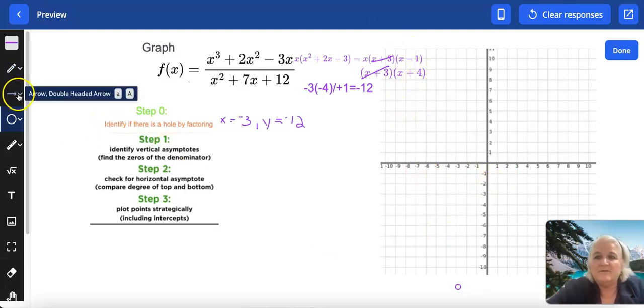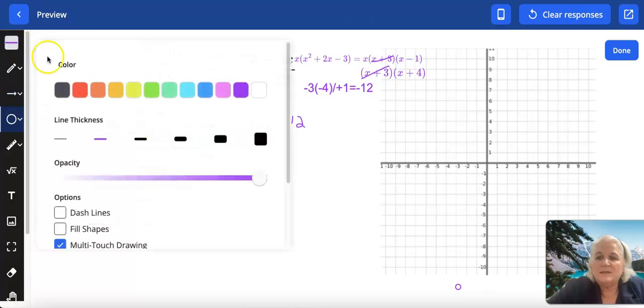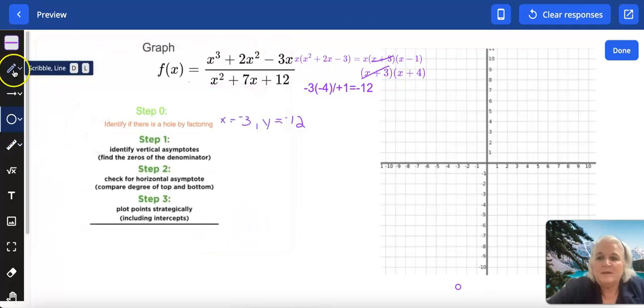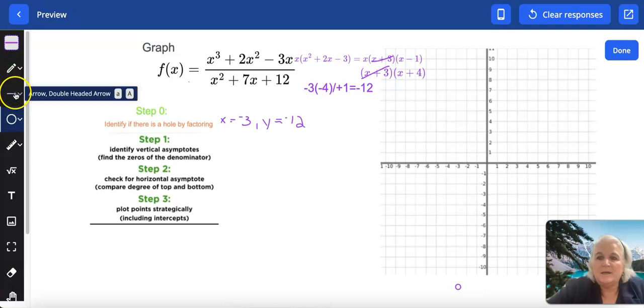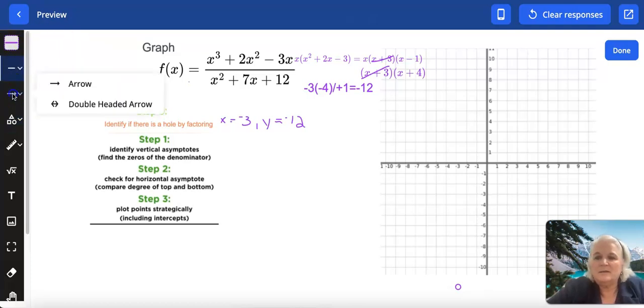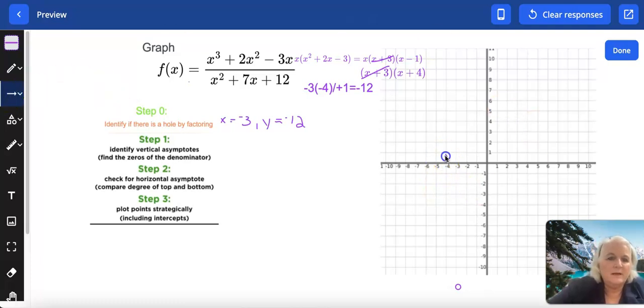So x equals negative 4, I want my dashed line, and then line and arrow. Okay, so at negative 4, I have a vertical asymptote. So it's going to go up at negative 4 and down. I'm going to extend it all the way down because my hole is down there.